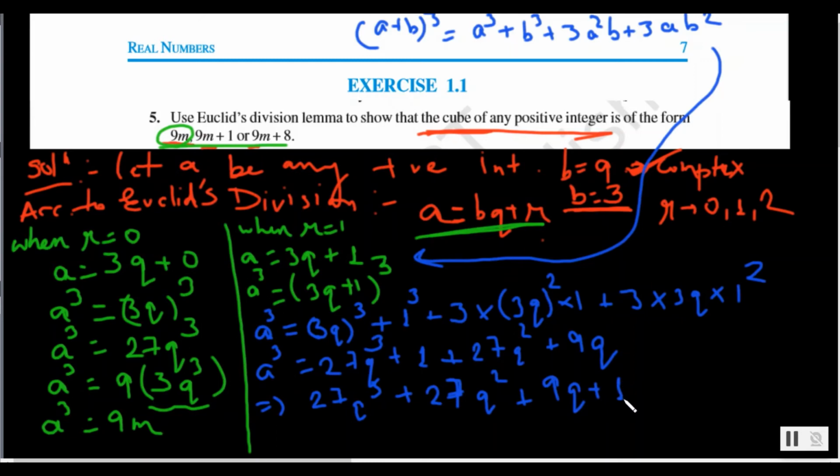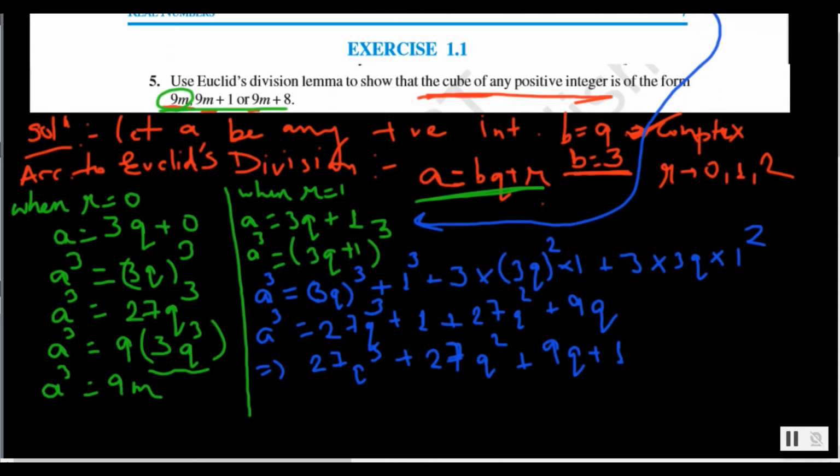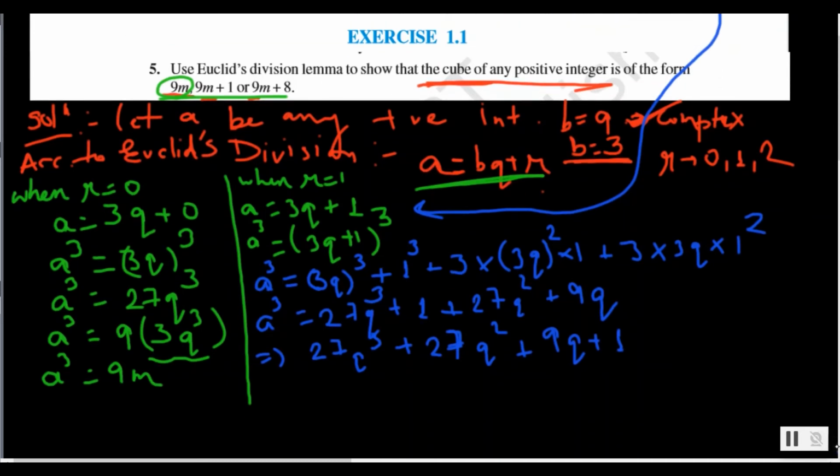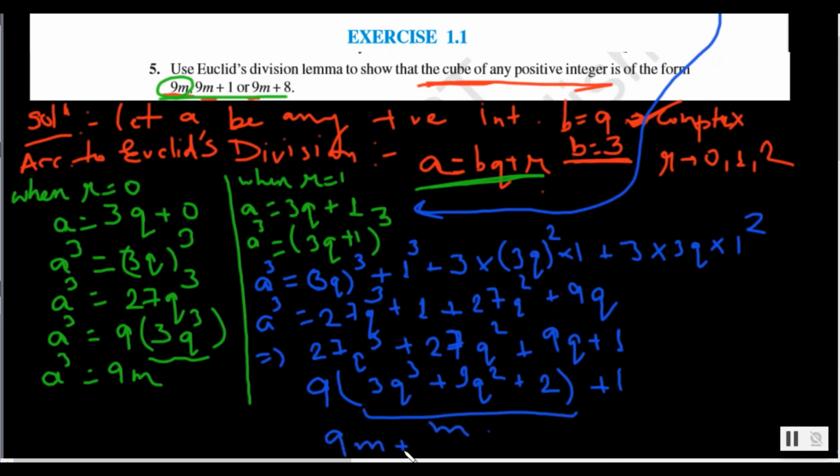We have written it in a more organized way. Now taking 9 common, 3q cube plus 3q square plus q, plus 1. Now taking this as m, so 9m plus 1 is what we are getting from here.